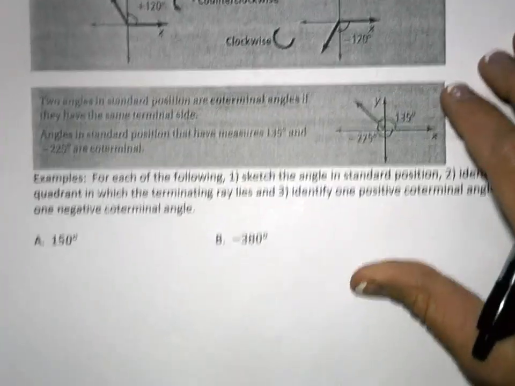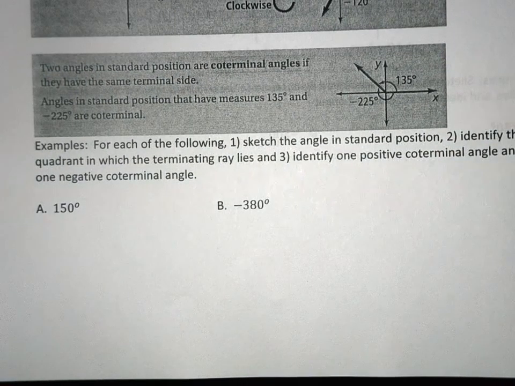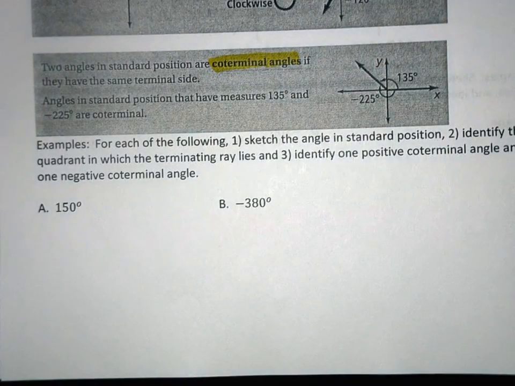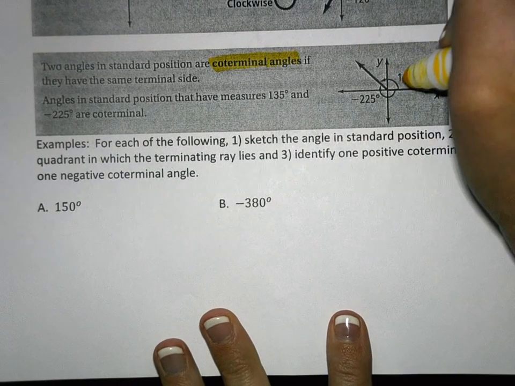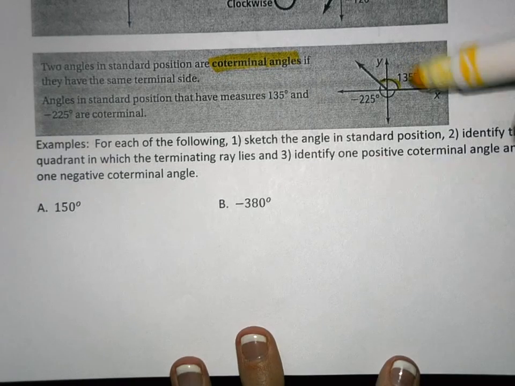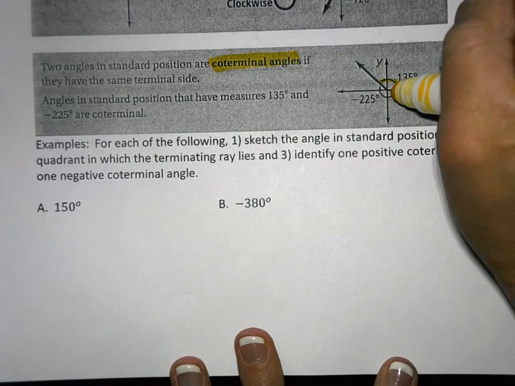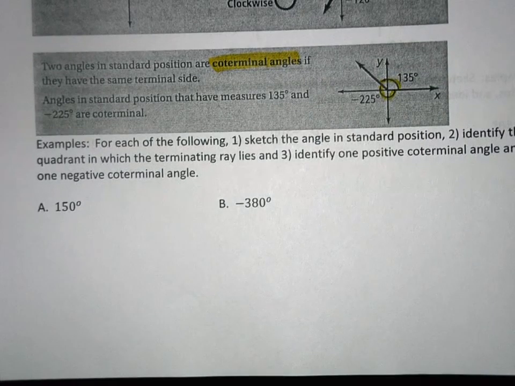Okay. Something new today is coterminal angles. Coterminal angles are if they have the same terminal side. So if you look at this picture here, if 135 degrees was my initial angle, in standard form, a coterminal angle would be going from the opposite direction, negative 225 degrees.